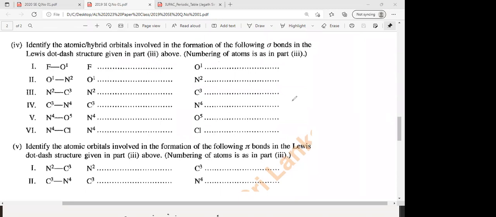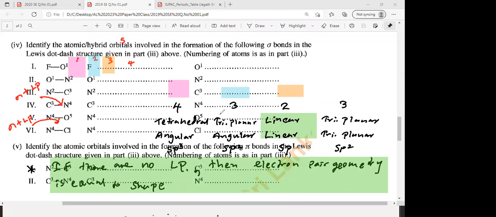Now they are asking based on the same, part 3 above. I'll quickly draw this more on the rightmost side, then it's easy to refer. I'll draw the structure of that one. Without erasing that part I can leave it.